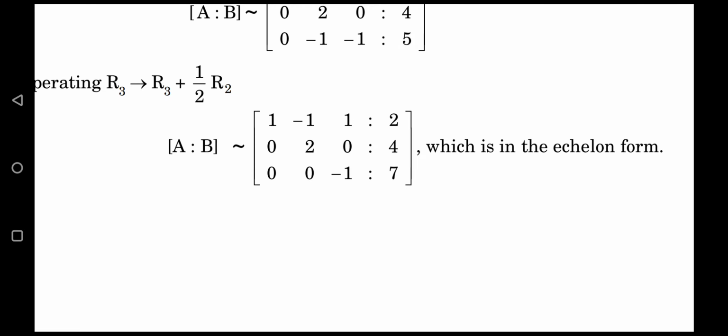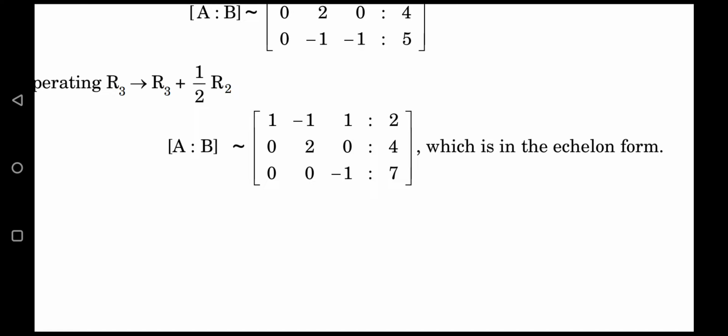Here the rank of A augmented B is equal to 3 because of the number of non-zero rows, and after deleting B we can find the rank of A also.